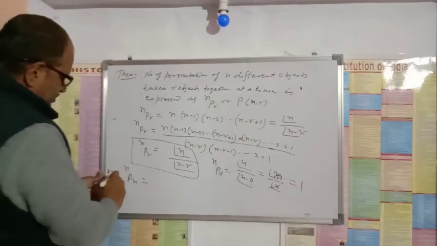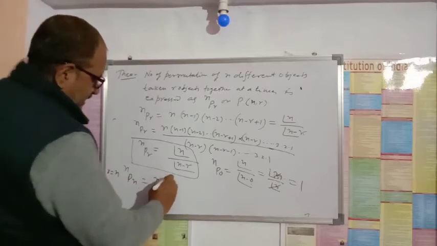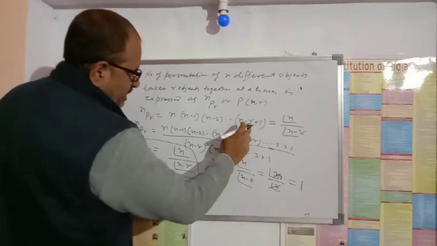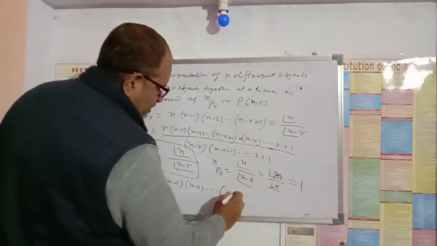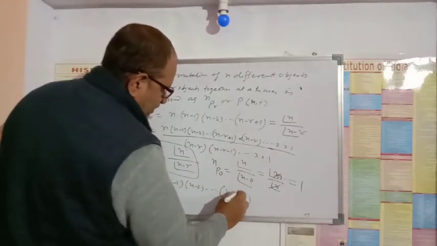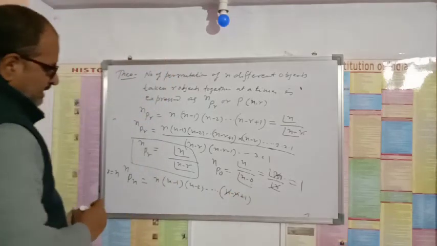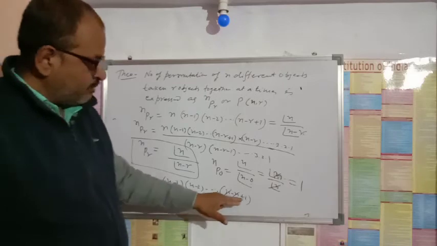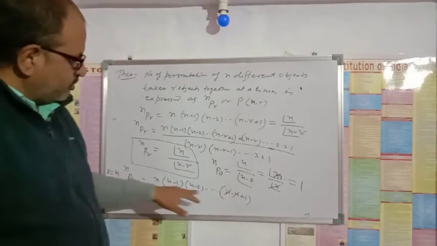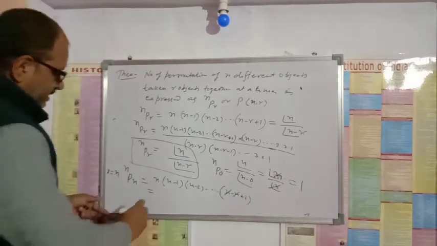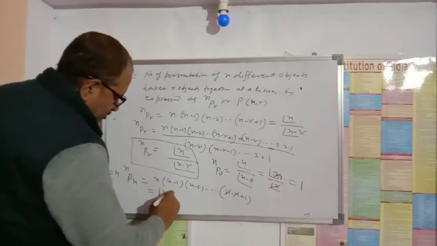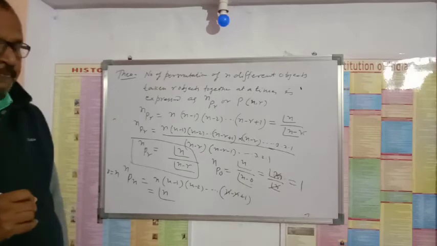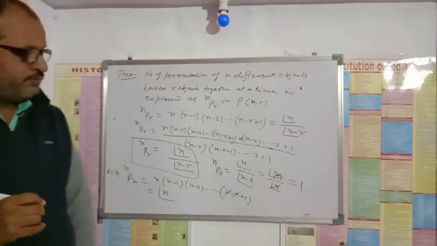Put r is equal to n: n, n minus 1, n minus 2, and here in place of r we will put n, so n minus n plus 1, the n's cancel. So n into n minus 1, n minus 2 up to 1. So it is the continued product of n natural numbers, and it is denoted as factorial n. So nPn is equal to factorial n. nP0 is equal to 1.